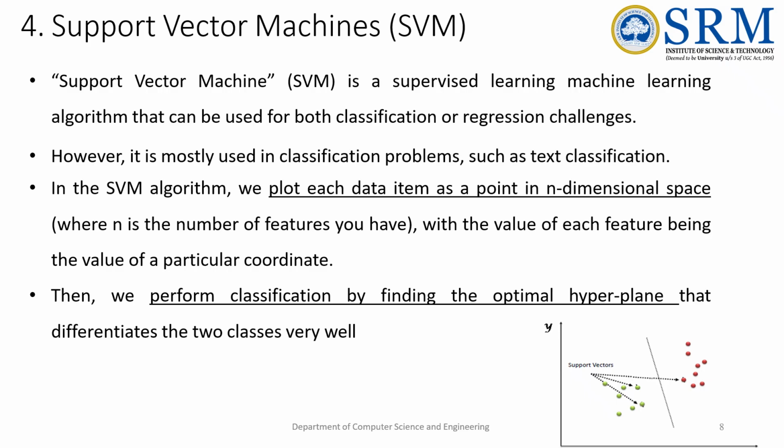So the characteristics: it is a supervised learning algorithm, finds an optimal hyperplane, uses support vectors, maximizes the margin, is effective for high-dimensional data, and works for linear and non-linear problems. The advantages: it produces high accuracy classification, is effective in high dimensions whenever many features exist, memory efficient, handles non-linear data, less overfitting, and good generalization.